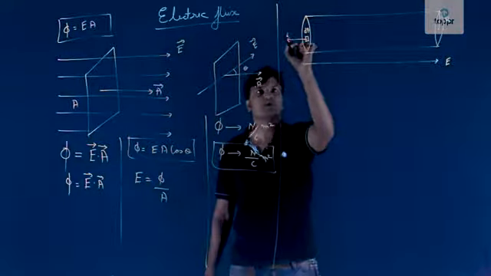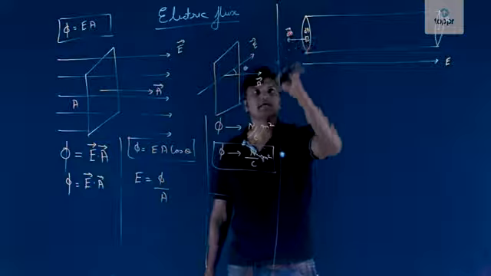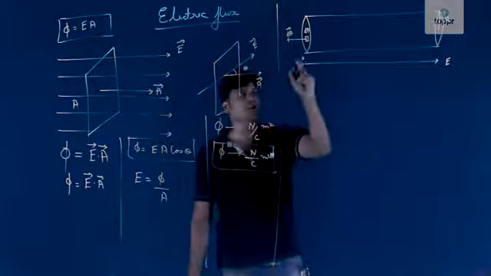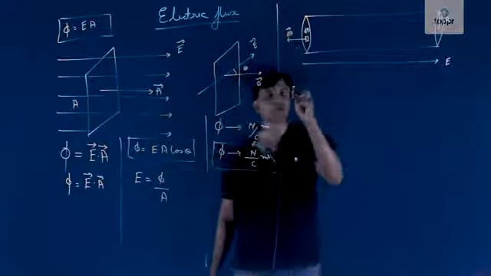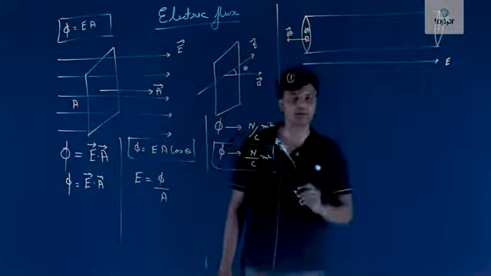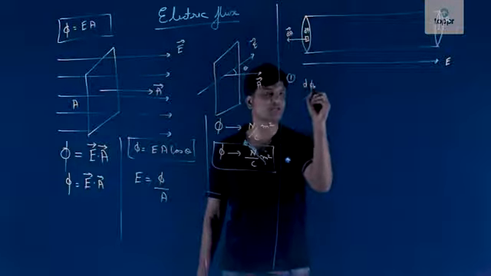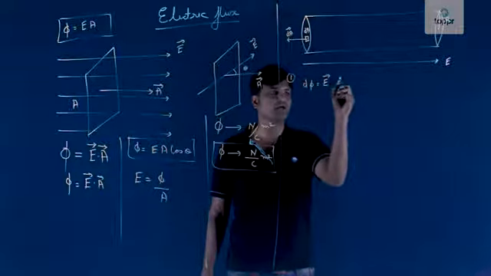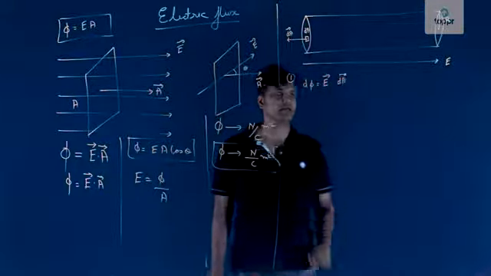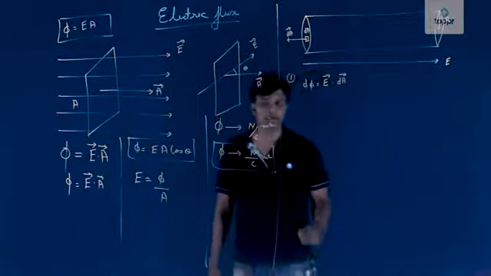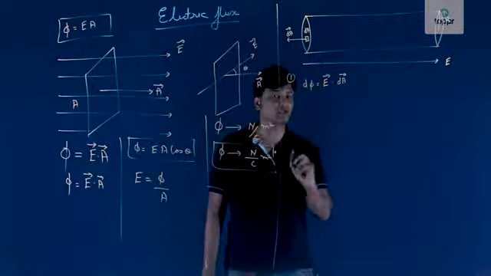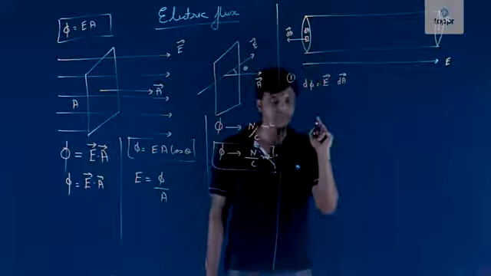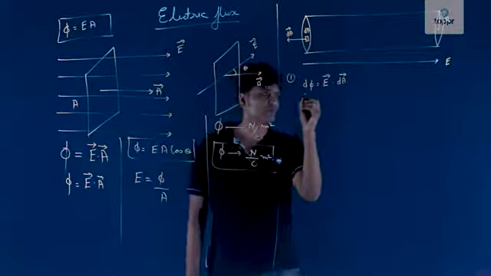This is dA vector. Now the flux along the first region is given by d phi is equal to E vector dot dA vector. If I want to find the total flux, I require to integrate this throughout this surface.